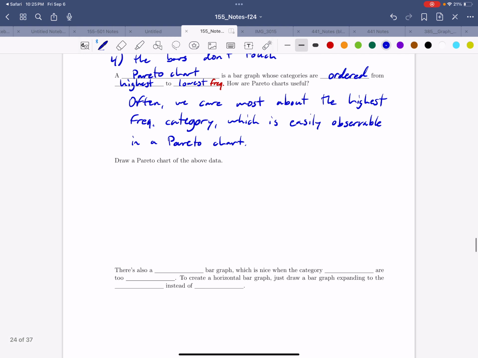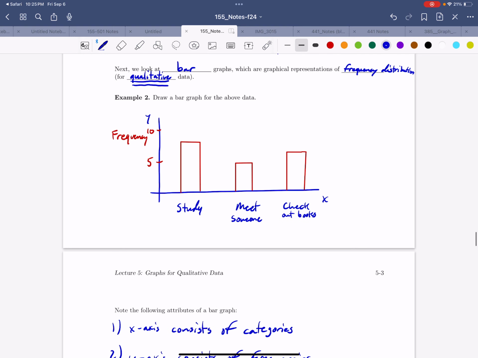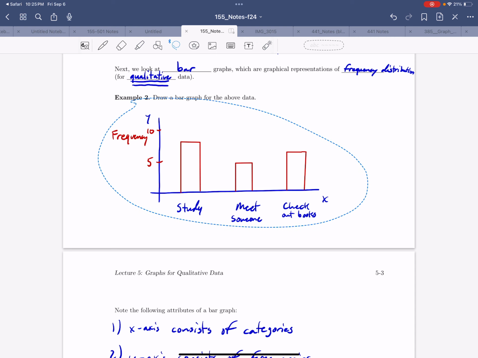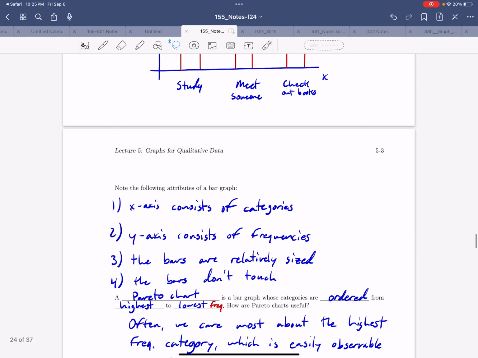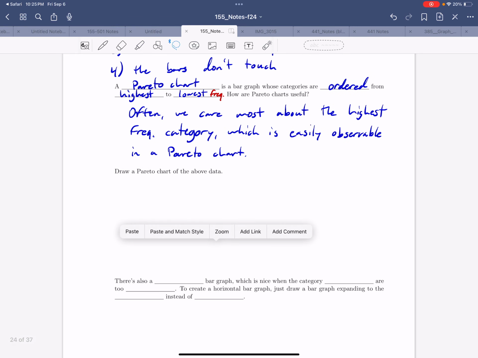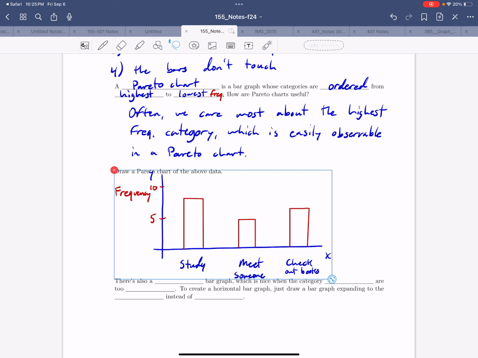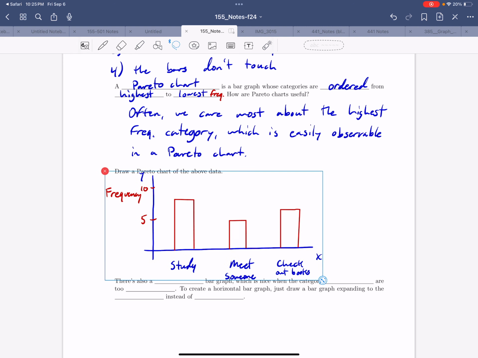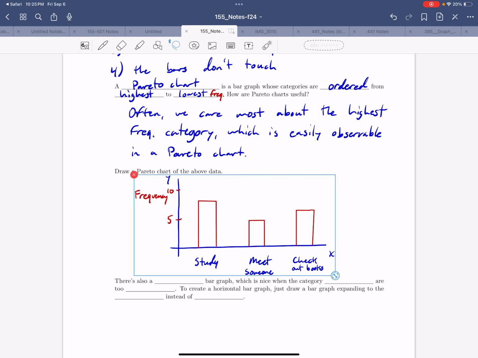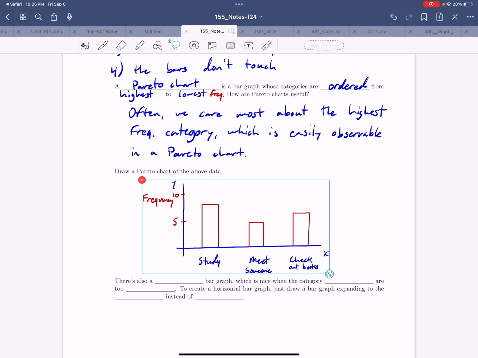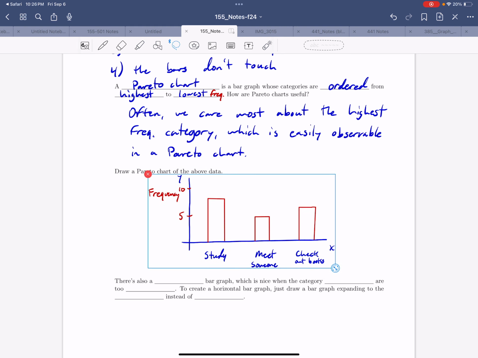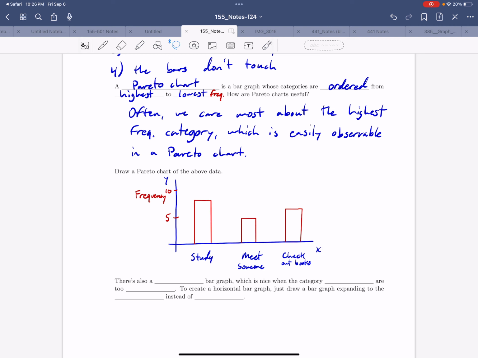All right. So a Pareto chart of the above data. I'm going to be nice and lazy and just copy my original bar graph. I just need to reduce its size a little bit just to give myself a ton of space here. Let's put it right there.